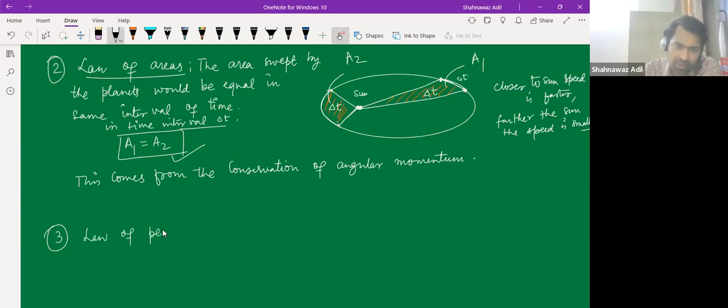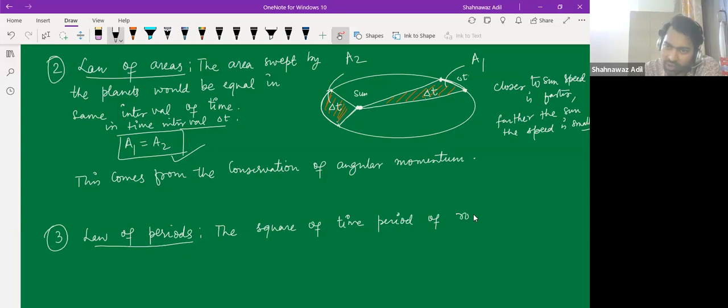The law of periods says that the square of the time period of rotation or revolution would be proportional to the cube of the separation.